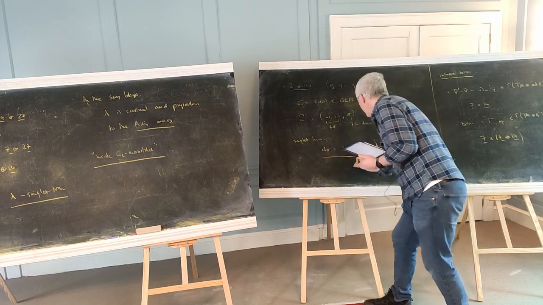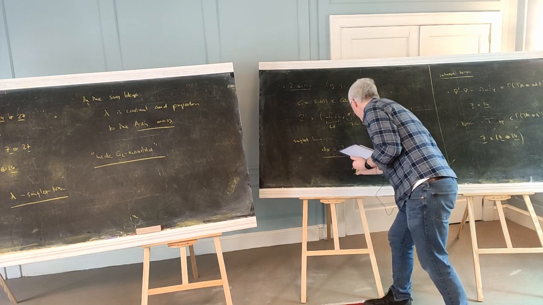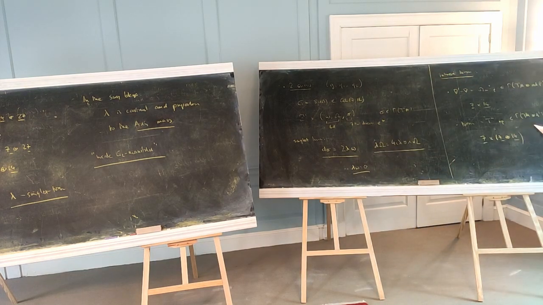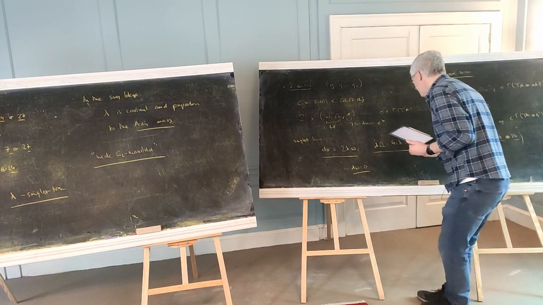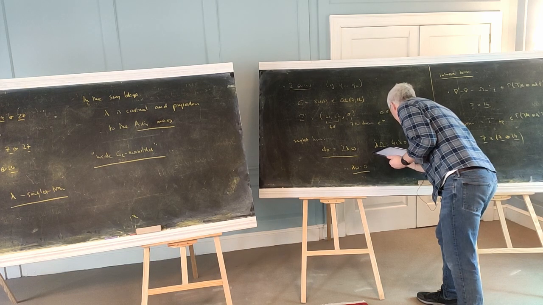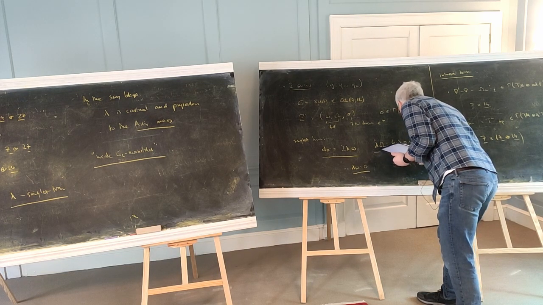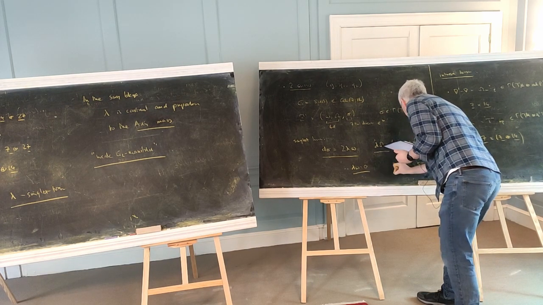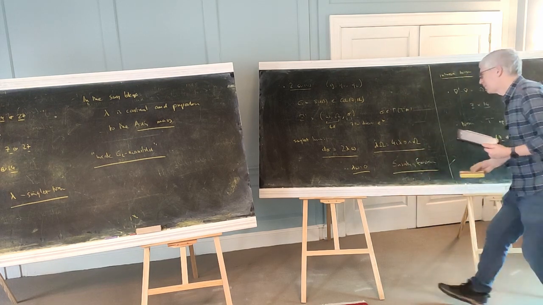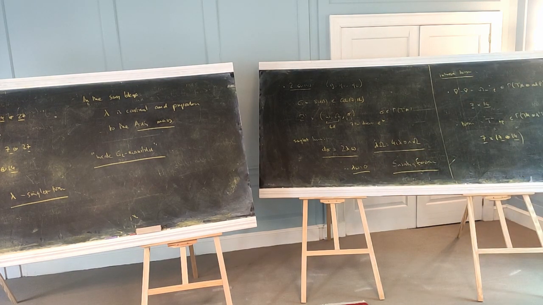And note from this, it follows that d omega is 0. And these are the conditions of what's called a Sasaki-Einstein manifold. But again, it has constant singlet torsion.